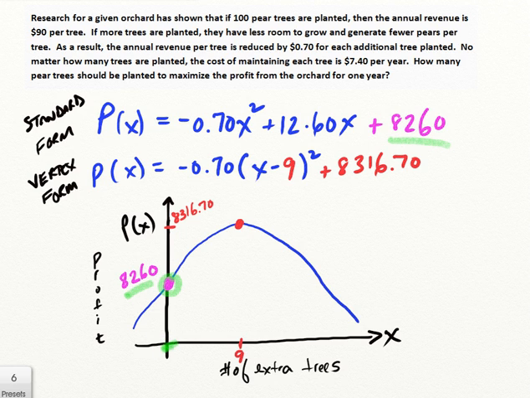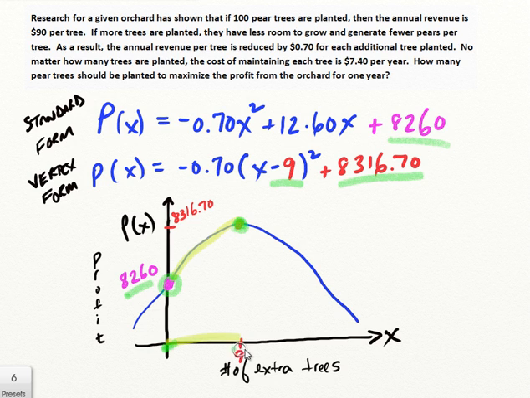Now, the company wasn't happy with that amount of profit. What they wanted to do was they wanted to add extra trees and move up this profit line. So as they add extra trees, they move up, and they wanted to find out where on earth is the maximum. What's the best that we can do? Well, there's the best that they can do profit-wise, and there's the number of trees it took.